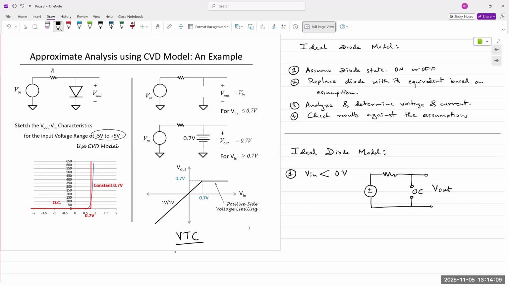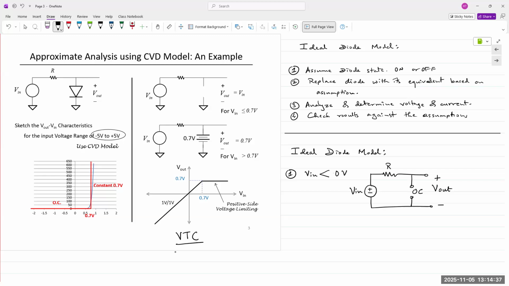And what do you think is my V out? I'm measuring V out over here. What is V out? It's simply equal to V in.